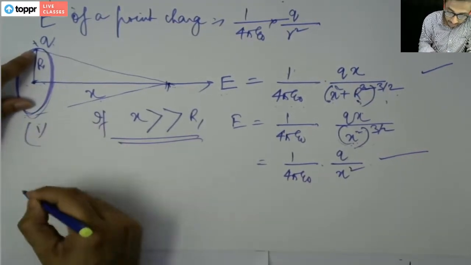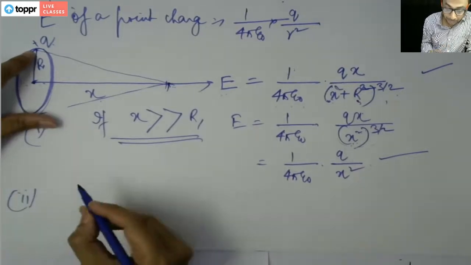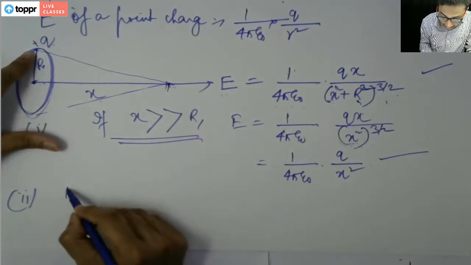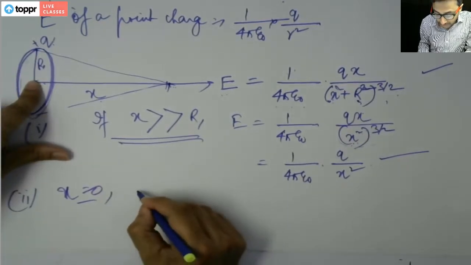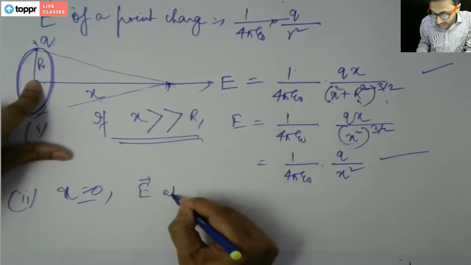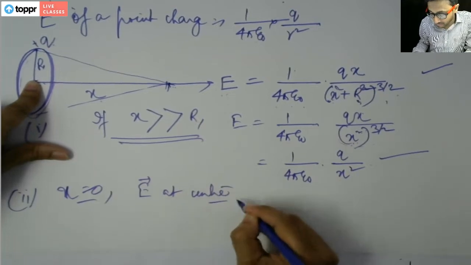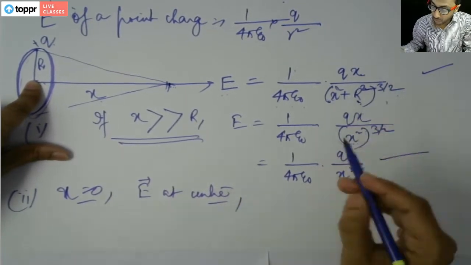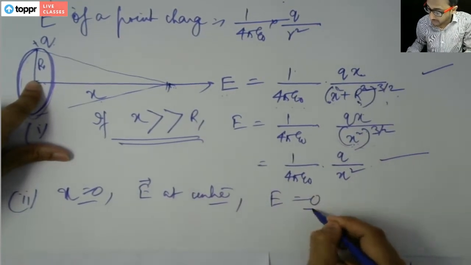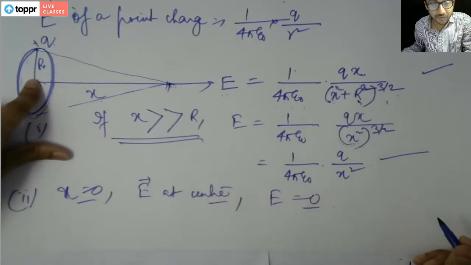Whereas secondly, if we take x as 0, that is, we are considering the electric field at the center, what will happen? If you put the value of x as 0, E becomes 0. So at the center, the electric field is 0.